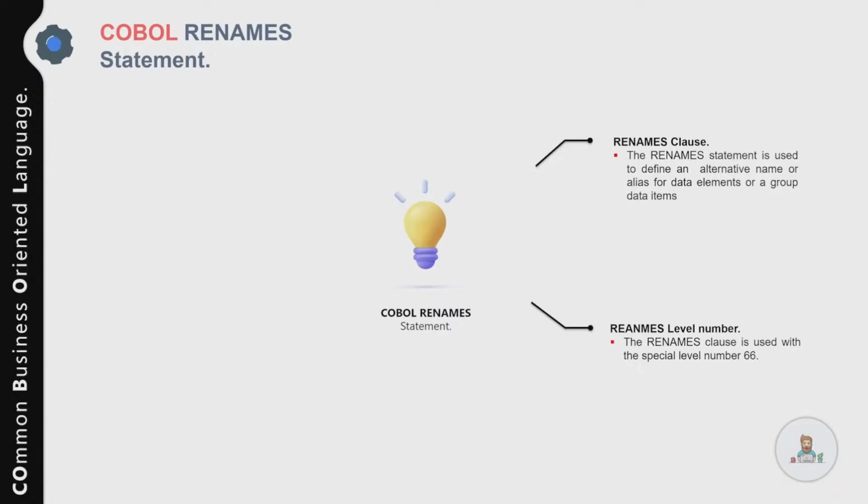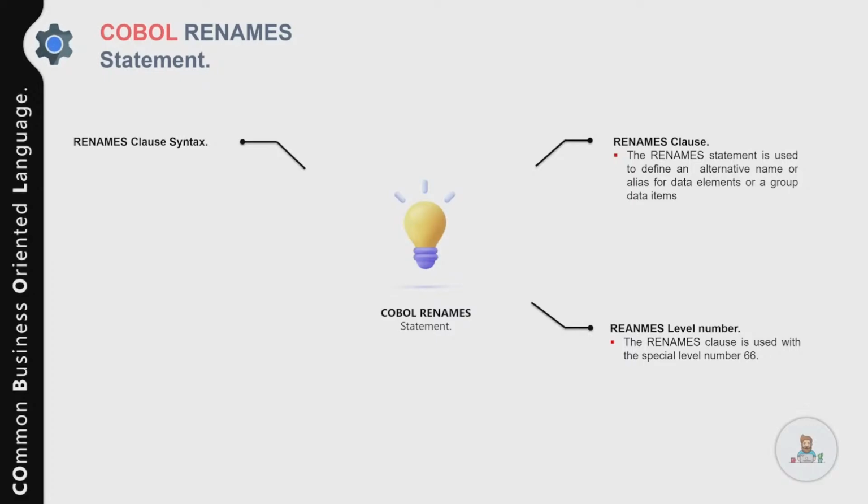The rename clause is used with the special level number, that is level 66. In general, the rename clause is not used very often because of the maintenance problem. In fact, it was used heavily during the 1960s, 70s, and 80s.